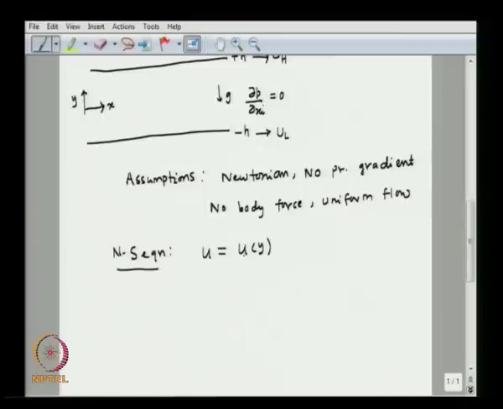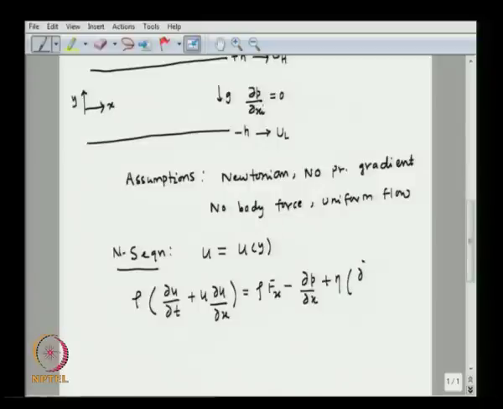So under that assumption we can write the Navier-Stokes equation, rho into del u over del t plus u del u over del x equal to rho into fx minus del p over del x plus eta into del square u over del x square plus del square u over del z square plus del square u over del y square.